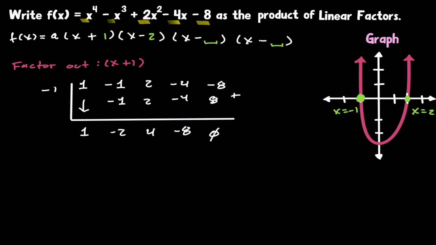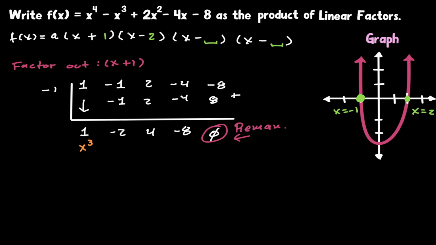We were expecting this. This is our remainder. We were expecting our remainder to be equal to 0 because we already knew that x plus 1 was a factor. So now let's write down our result. Knowing that we started with a polynomial of x to the 4th, the results of our synthetic division give us 1 as the coefficient of x to the 3rd.